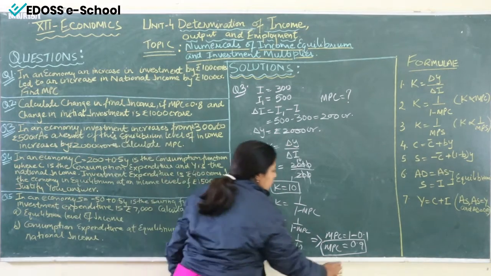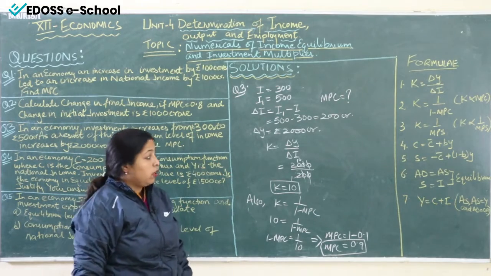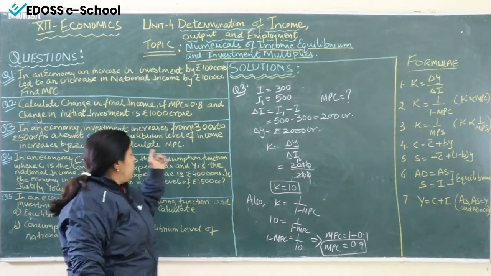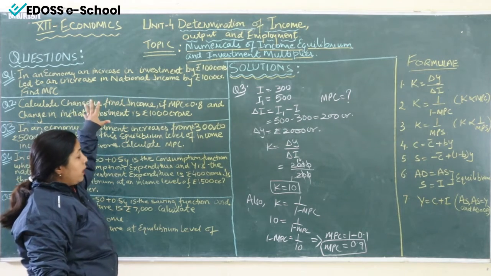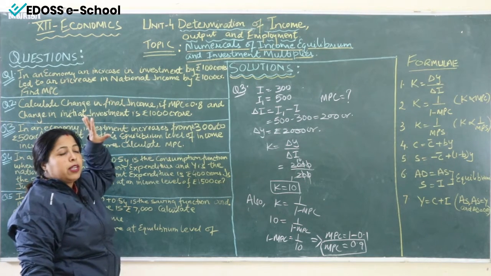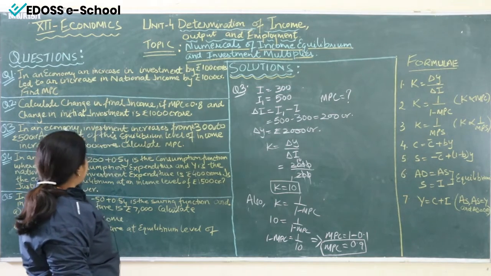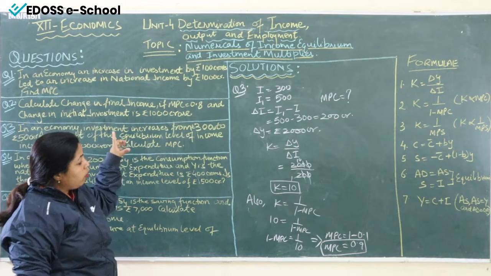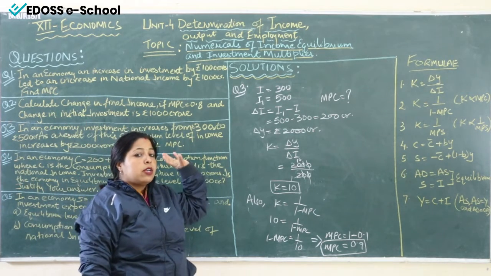Now see, these are the sums in which we are making use of these three formulas only. But see the language of the question. The language of the question and the content, you have to be very particular about them. Because language in all the three sums is different, but the calculation will be same, or the method to calculate them is same.